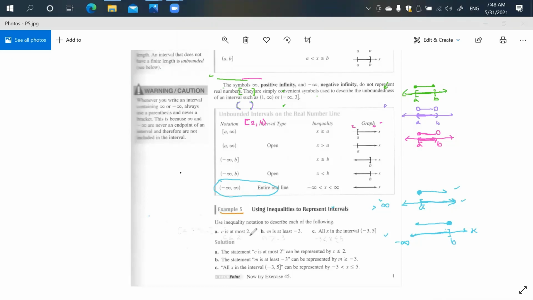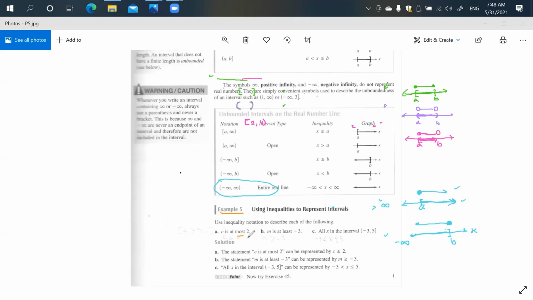Now we use the inequalities to represent the intervals. This one is kind of the opposite of the previous example. It's the same thing, right? Repeat again and again. So if they say C is at most 2, at most, what is the meaning of at most? At most means maximum, right? So C can be at most 2.